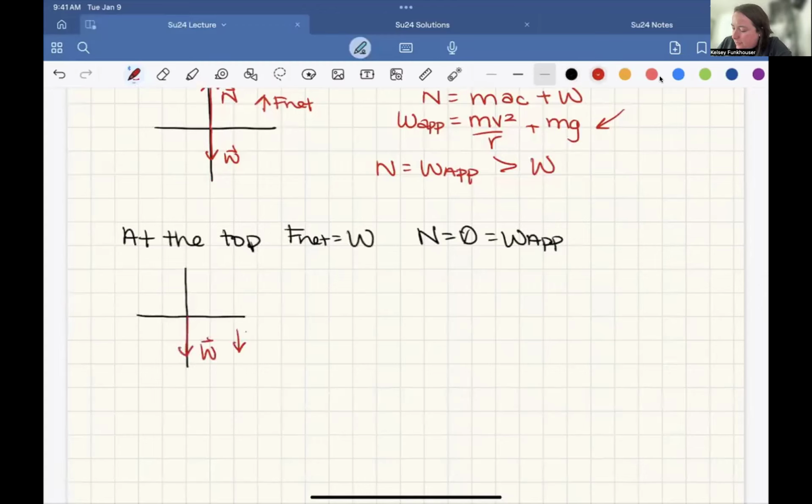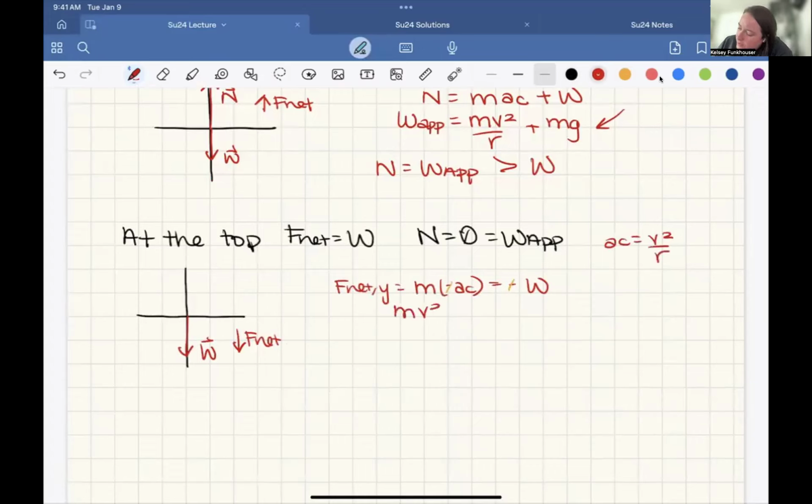Weight, net force, and then net force in y is mass times negative centripetal acceleration, because again, still pointing down, and that equals the negative weight. Those negatives cancel. And I'm going to plug in v squared over r for the centripetal acceleration.